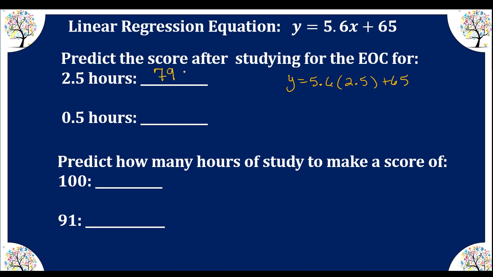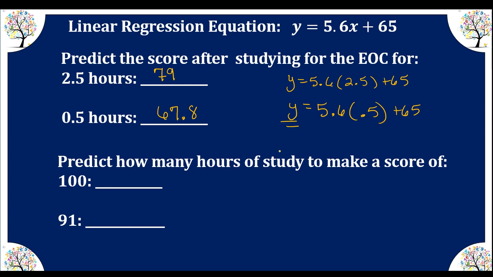So according to our linear regression model, if I study for 2.5 hours, I'm going to make about a 79 on my EOC test. Now, what if we just study for half an hour? 5.6 times 1/2 plus the 65 gives me 67.8.